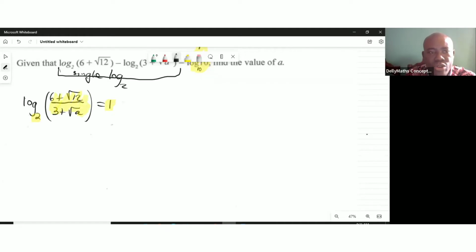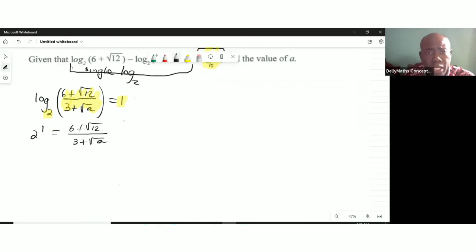So let's rewrite this, where 2 raised to 1 is going to equal 6 plus the root of 12 over 3 plus the root of a. So at this stage, we can get rid of the denominator, which means we want to multiply both sides by 3 plus the root of a. So let's go about doing that.